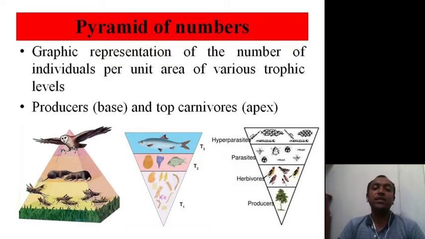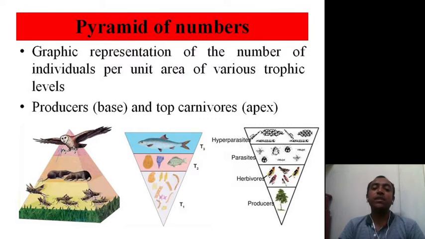Let us move to the third one, where you see the third picture with only one tree as the producer. Since we are talking about the number of individuals, in this particular example only one tree is there. In that one tree you can find a lot of herbivores. So many birds will come and sit on it and eat fruits and all. So the number of herbivores is more.